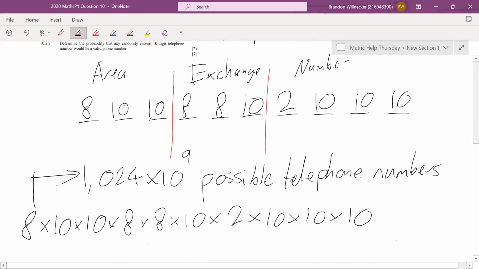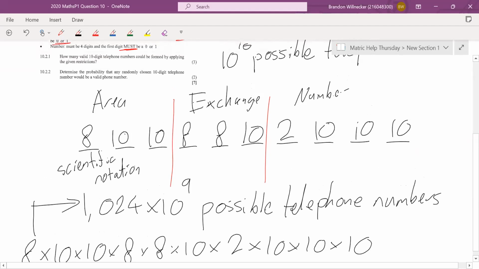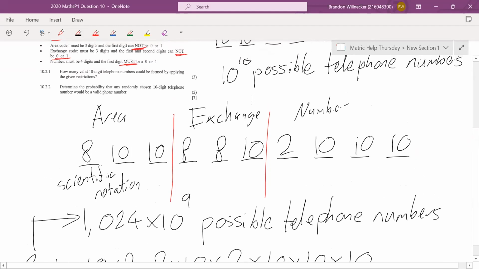If you put all of this in your calculator, it will give you scientific notation here. It just saves you the trouble of writing out all of the zeros.